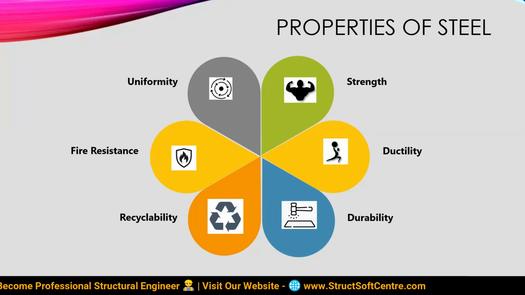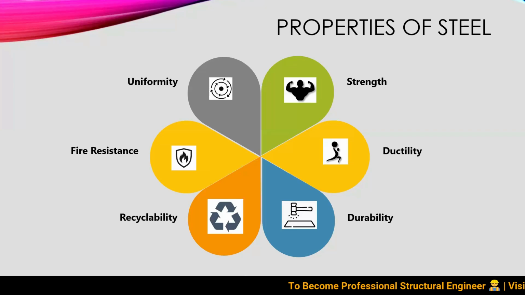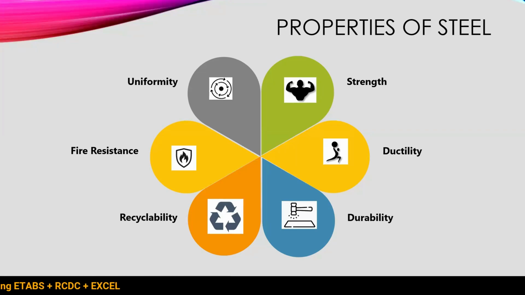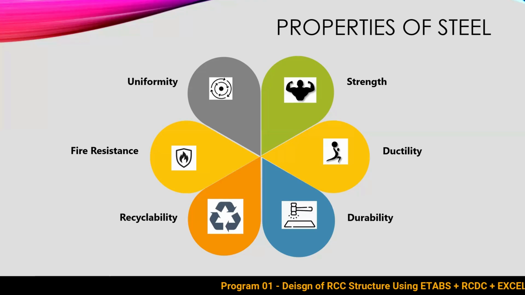And next, last advantage, the most important advantage, it is a uniform material. So throughout the length of the member, throughout the cross section, at any area, you will find similar properties of steel. So it is uniform across the length and across the width, across overall volume of the member. This is not the case in concrete, because concrete we mix with mortar, we mix with stones, we mix with aggregate.